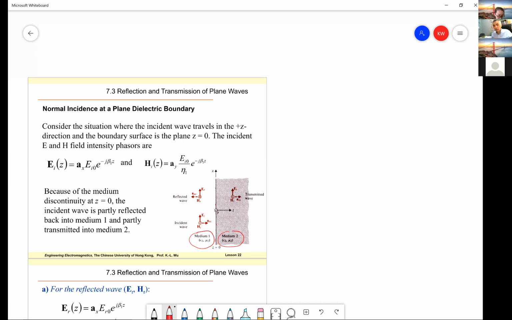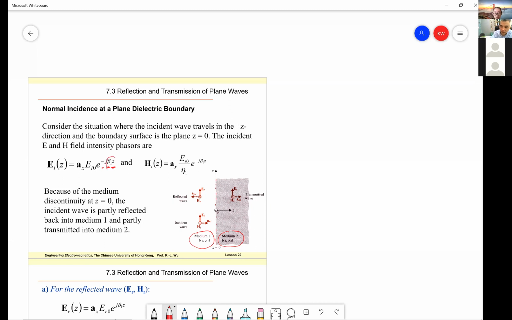How do we describe the wave? The propagation direction is z, and we use the propagation constant in medium 1. So everything is in logic, right? The minus j means propagating in the positive z direction. The j beta z is a phase.